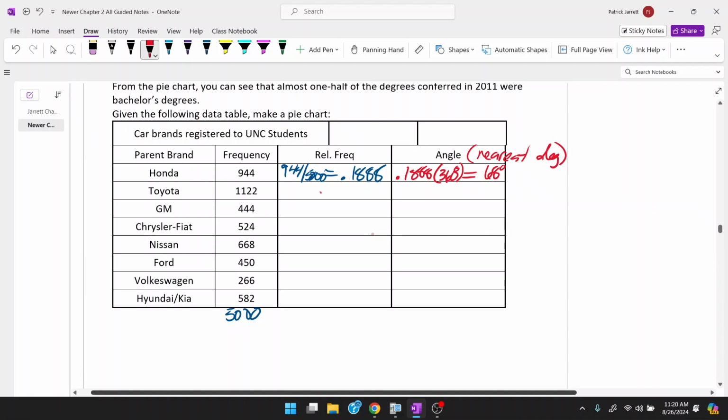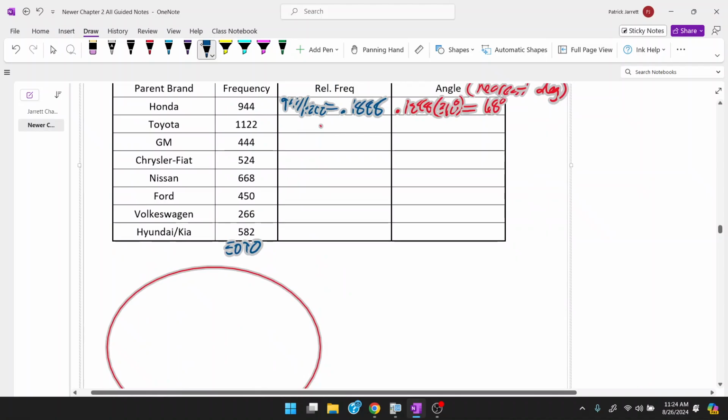So you'll need to find the angle for all of these vehicle brands: Honda, Toyota, and I say parent brand because, like, what does Honda own? Acura. For Toyota, the relative frequency should be 0.2244, or 22.44%. Do you have to write both of these down that way?